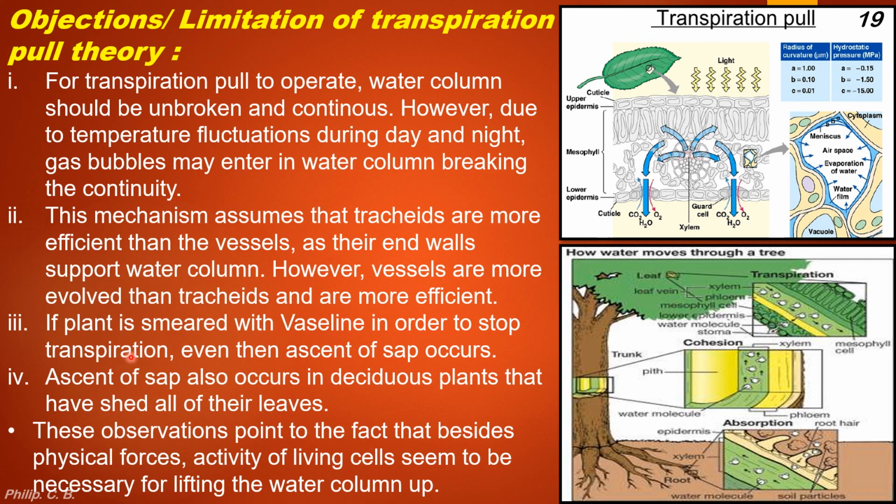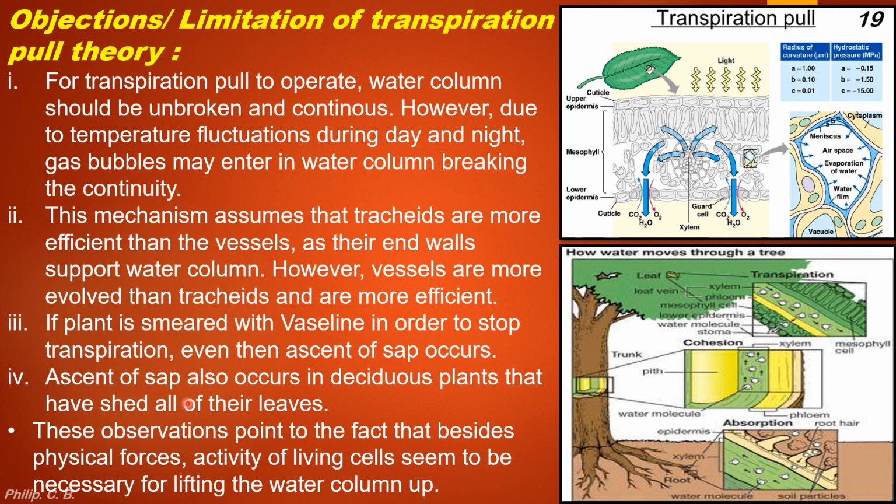Third, if the plant is smeared with Vaseline in order to stop transpiration, even then the ascent of sap continues. If you apply Vaseline onto the leaf, as we do in lab experiments, transpiration stops or reduces, right? But the ascent of sap is still continuous.